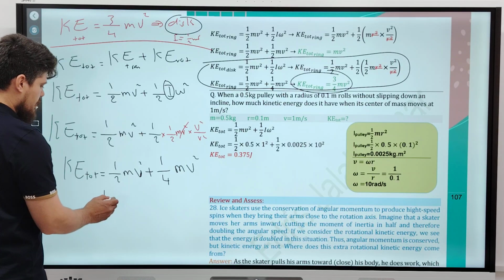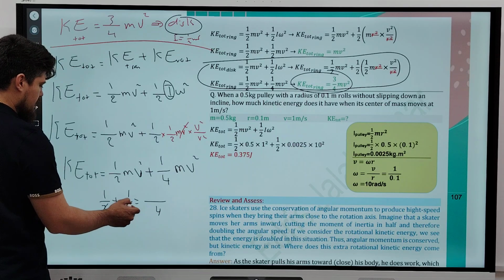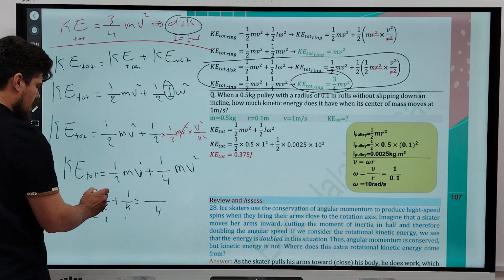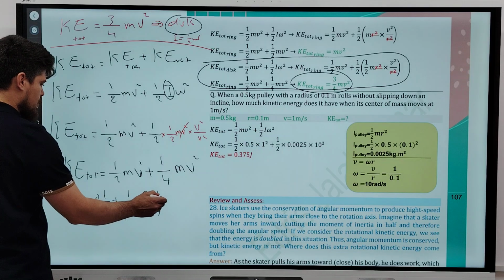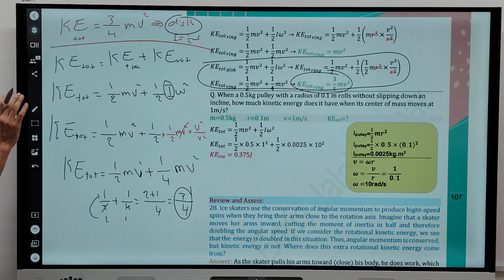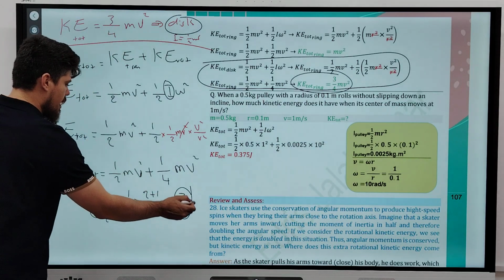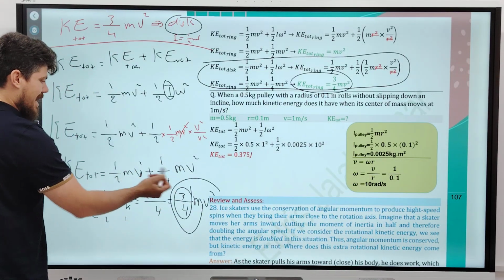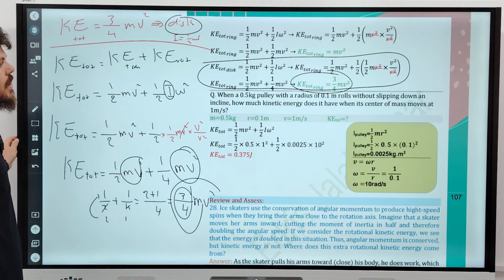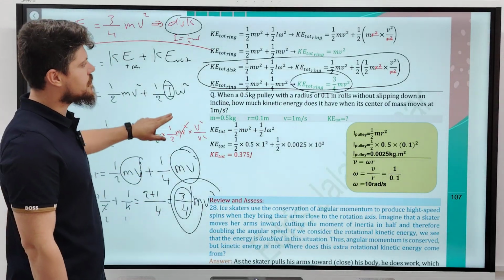The lowest common denominator between 2 and 4 is 4. 4 divided by 2 is 2, 2 times 1 is 2, plus 1 times 1 is 1, equal to 3 over 4. So the total kinetic energy is equal to 3 over 4 mv squared. You can add these two terms because they have the same variables.